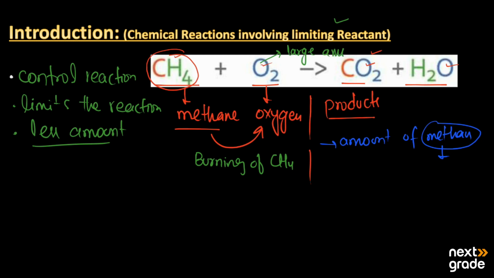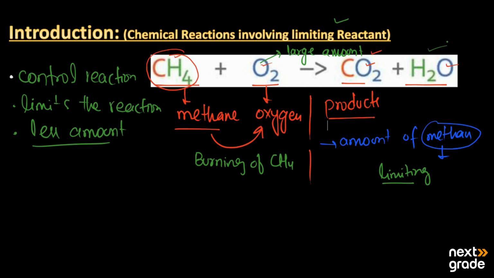The reactant that is present in large amount is known as the excess reagent, and the reactant that is present in less amount is known as the limiting reactant. So here the limiting reactant is methane because it limits the preparation of the products, that is carbon dioxide and the water molecule.